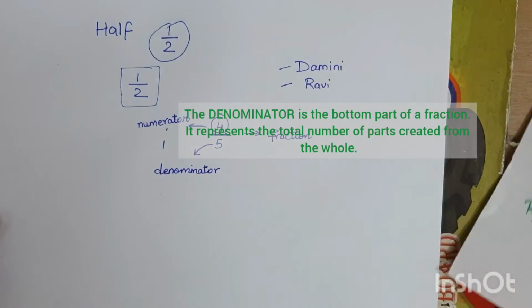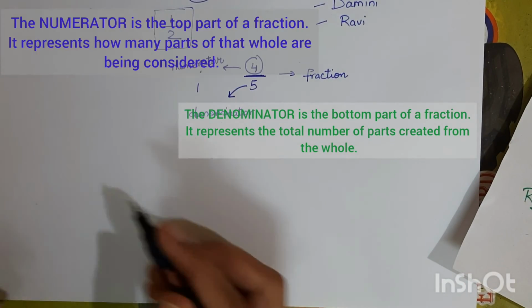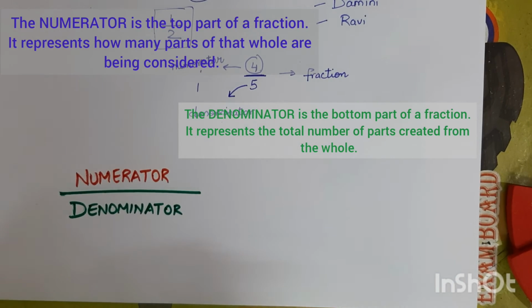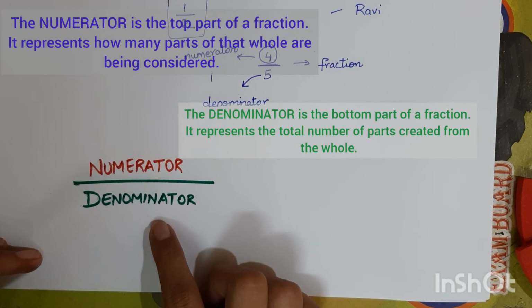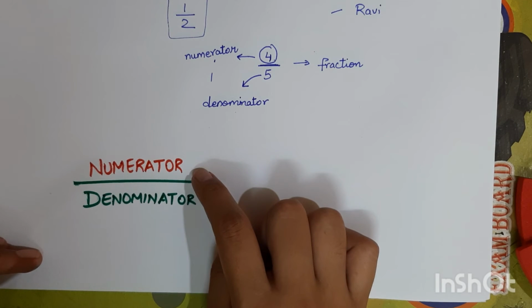So the denominator is the total number of parts, and numerator is about how much part we are talking about.